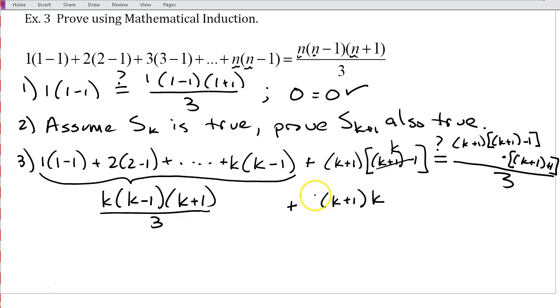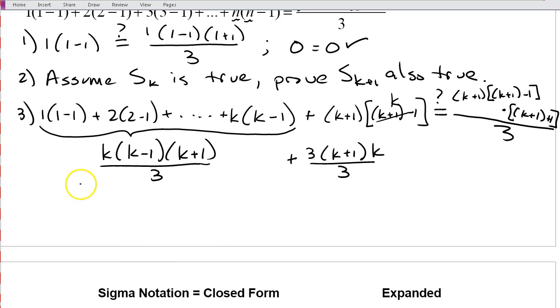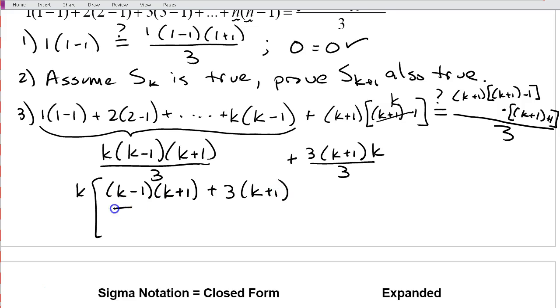I need a common denominator, so I'm going to multiply this by 3 over 3. And then I can add these together, and I'm going to factor out a k as well. So I've got k times k minus 1 times k plus 1 plus 3 times k plus 1 all over 3.